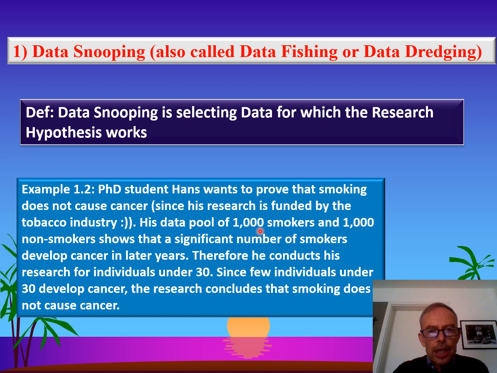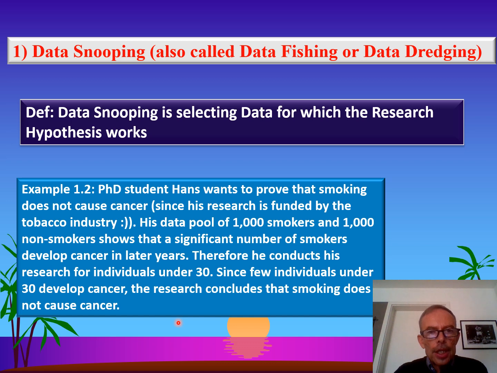His data pool of 1,000 smokers and 1,000 non-smokers shows that a significant number of smokers develop cancer in later years when they're older. Therefore, he conducts his research for individuals under 30. Since few individuals under 30 develop cancer, the research concludes that smoking does not cause cancer.